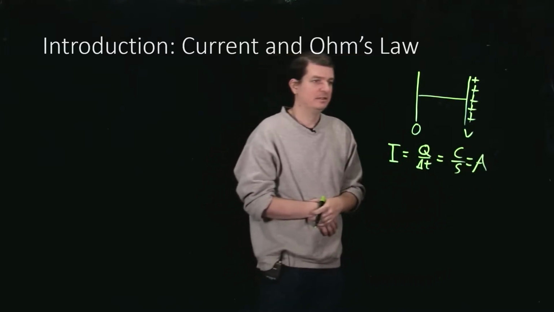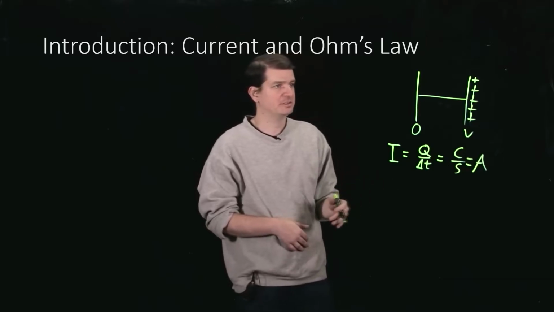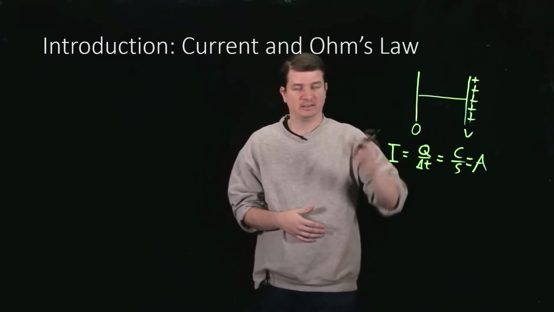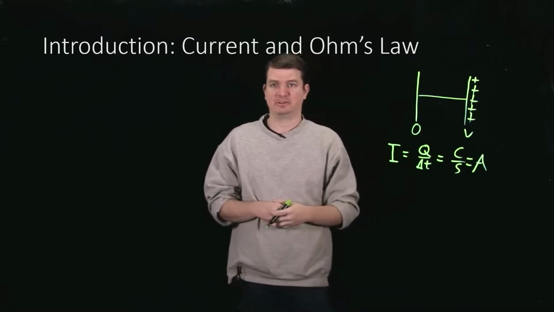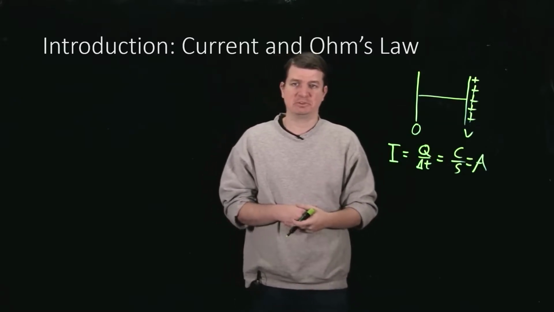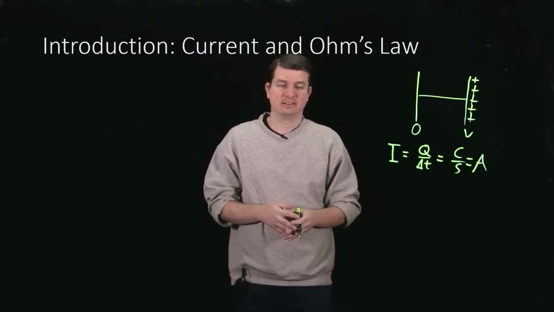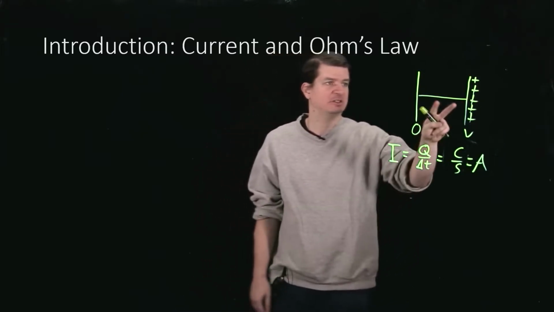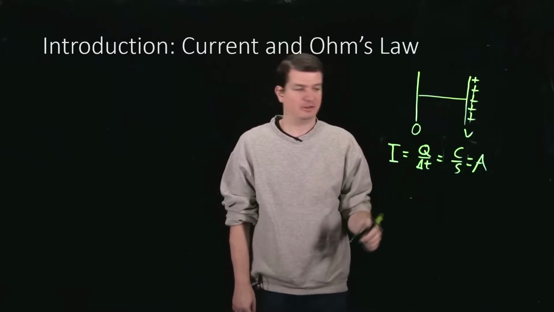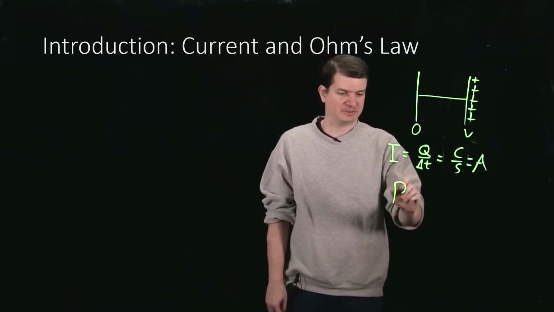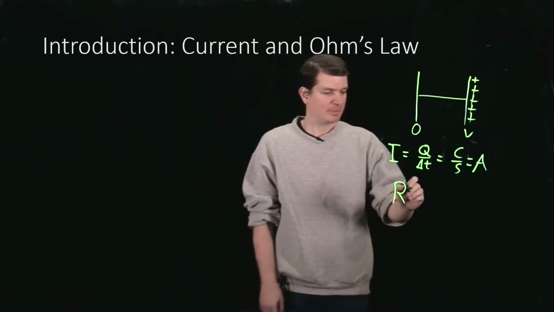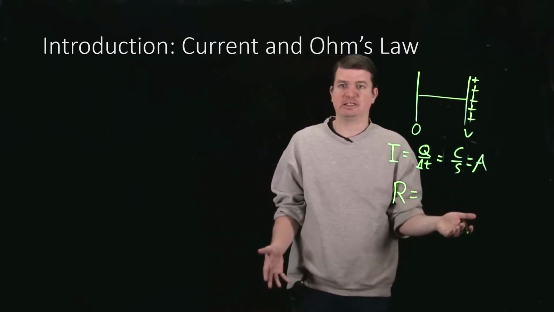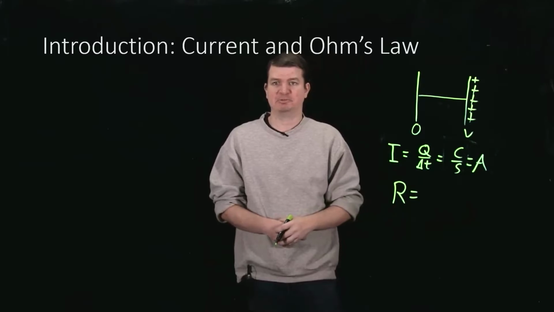Now, some materials are really good. Wires, for instance, conduct very nicely; the charges move almost freely across. Some other things which still conduct offer more resistance. So we can introduce this idea of talking about how much this wire wants to resist the flow of current by its resistance R. We'll look at that in a subsequent video.